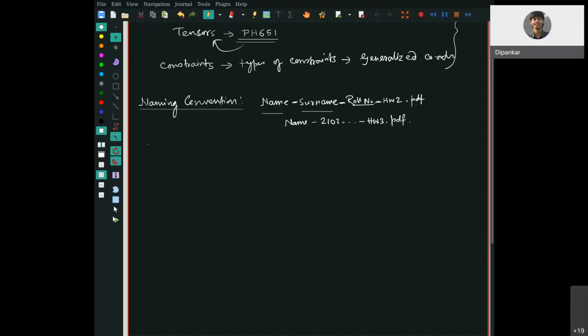Okay. Another thing I will need is one Excel file containing the list of you who are attending this course. In column 1, you just put the serial number, then in column 2, the roll number sequentially, and in column 3, the name of the student, like your name.